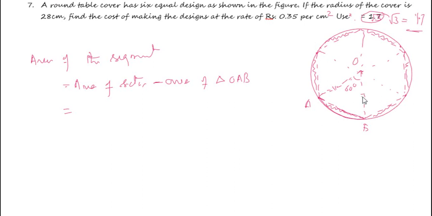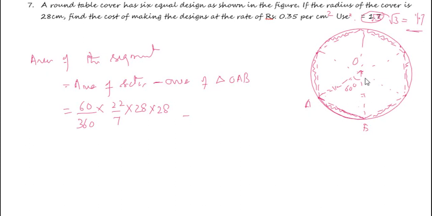These two are radii, so these two angles are equal, so these angles are also 60, so this is an equilateral triangle. So area of the sector is theta 60 divided by 360 into pi, 22 divided by 7, into r square, r is 28 centimeter, 28 into 28, minus area of OAB.